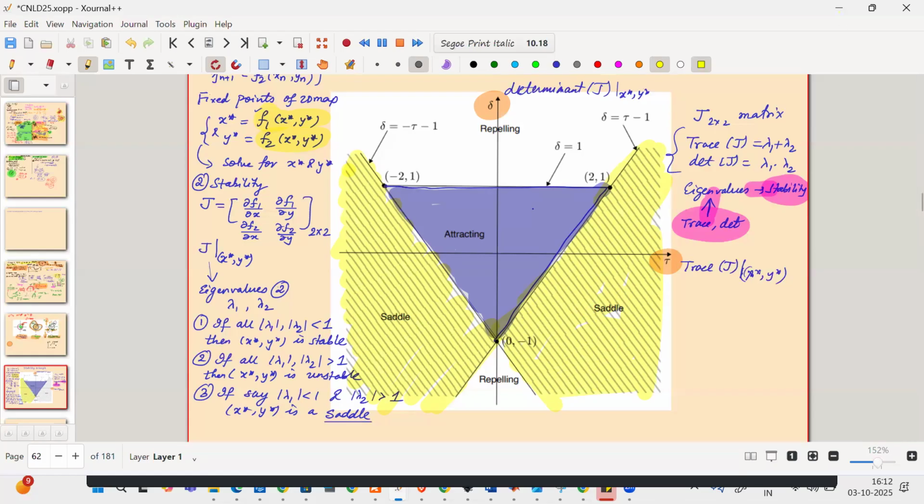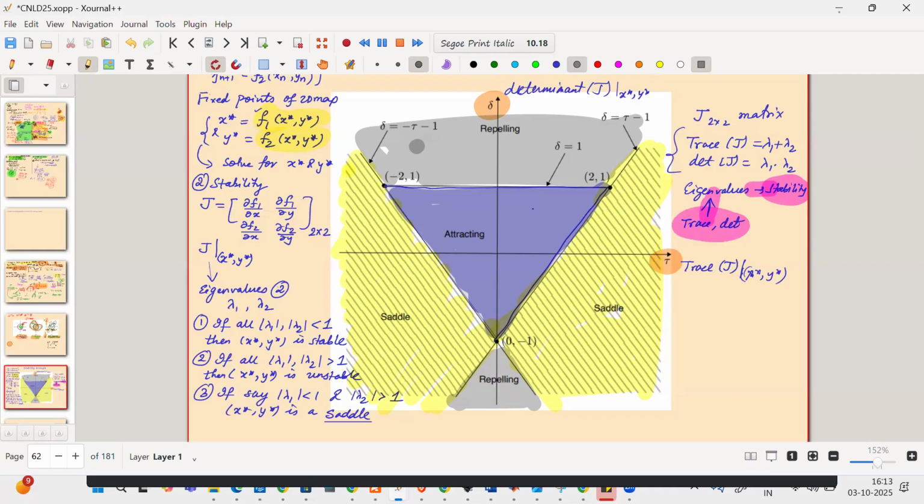If it lies somewhere here, in these gray areas, then it is repelling, then it is unstable. This is a very nice geometric interpretation for 2D maps to showcase the stability of a fixed point.